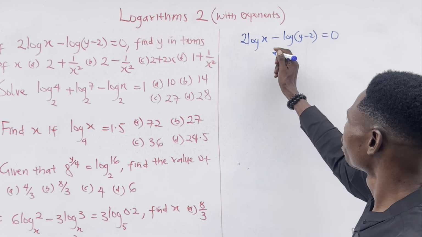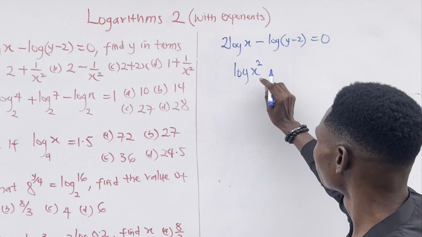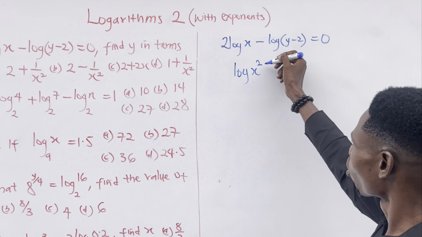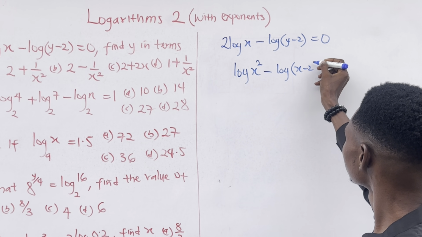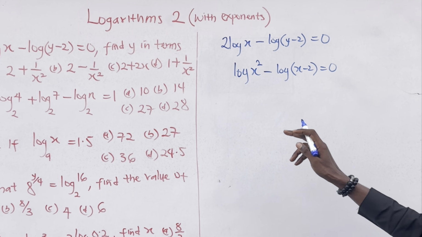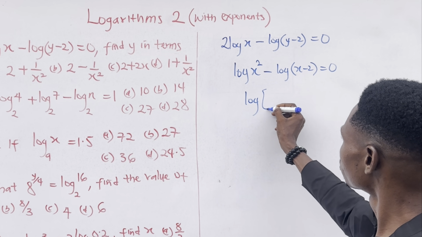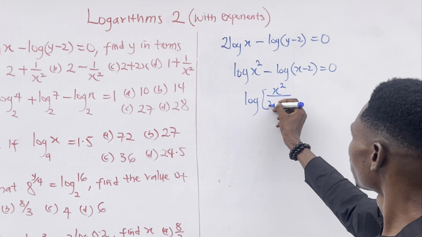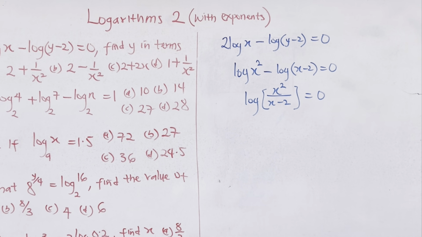Okay, so from here, this will give us log x. This 2 comes here. We learned that in the previous law. Powers go down and it can come up to minus log y minus 2 equal to 0. Following our second law of logarithm, we can combine these logs, which will give us x squared over y minus 2 equal to 0.